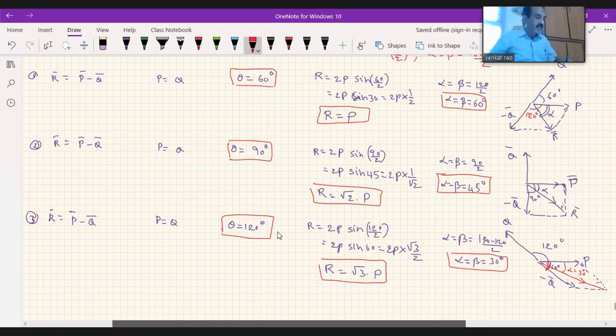Automatically, based on that, when theta is 60, P and Q are equal, the resultant is P. For 120, it is root 3P. Whereas in addition, for 60, it is root 3P. For 120, it is P. And the results of 60 and 120 are reversible. But for 90, the result is same.